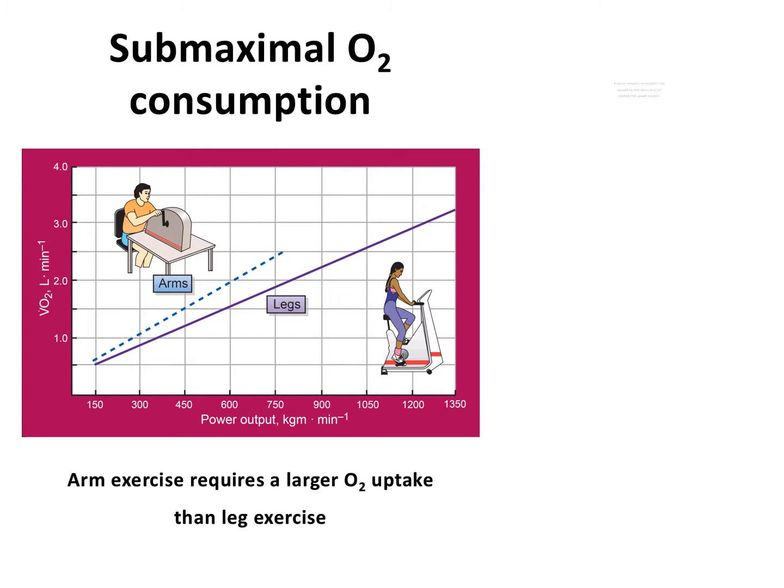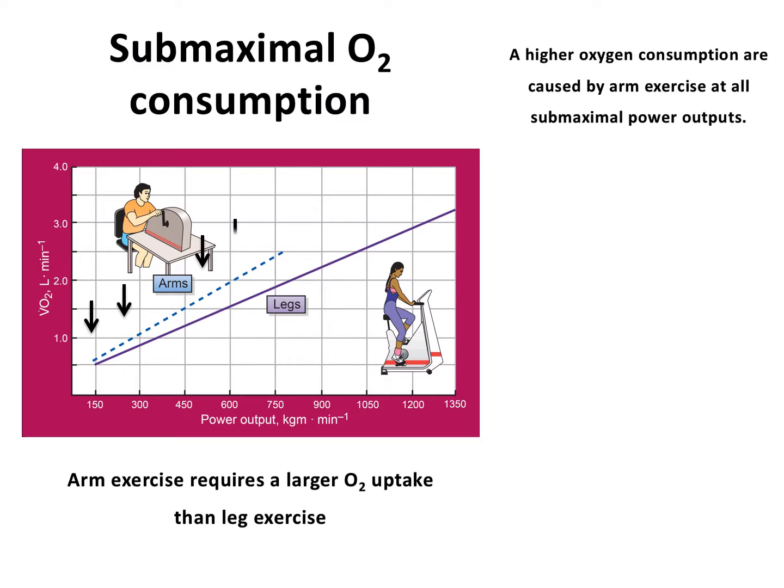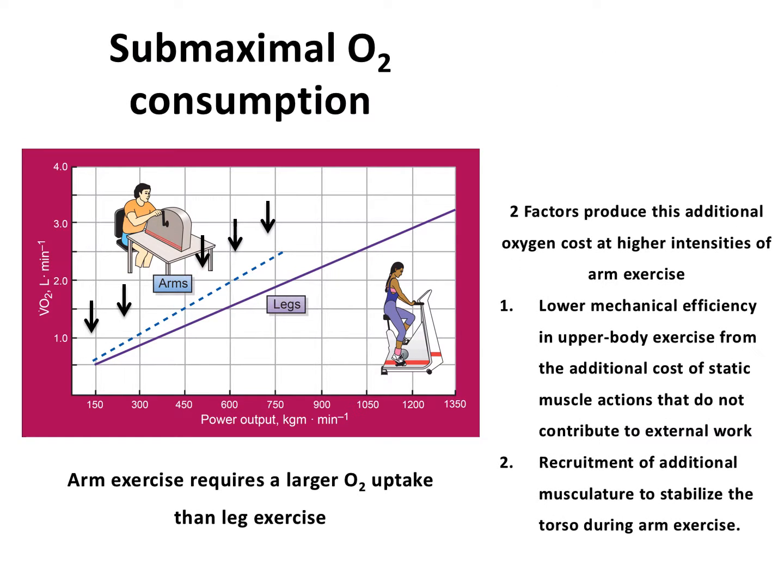Other factors that also cause a larger submaximal oxygen consumption in arm exercise when compared to leg exercise include a lower mechanical efficiency of upper body exercise. Also, recruitment of additional muscles to stabilize the body during arm exercise, like the core muscles, for example.